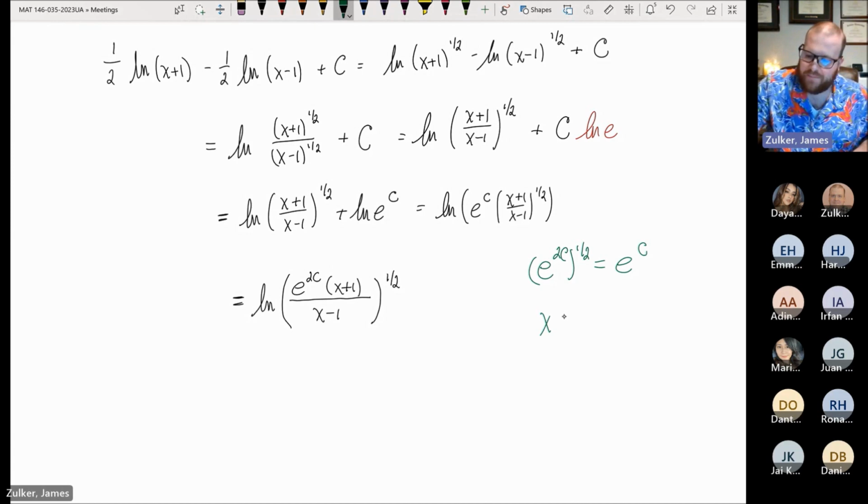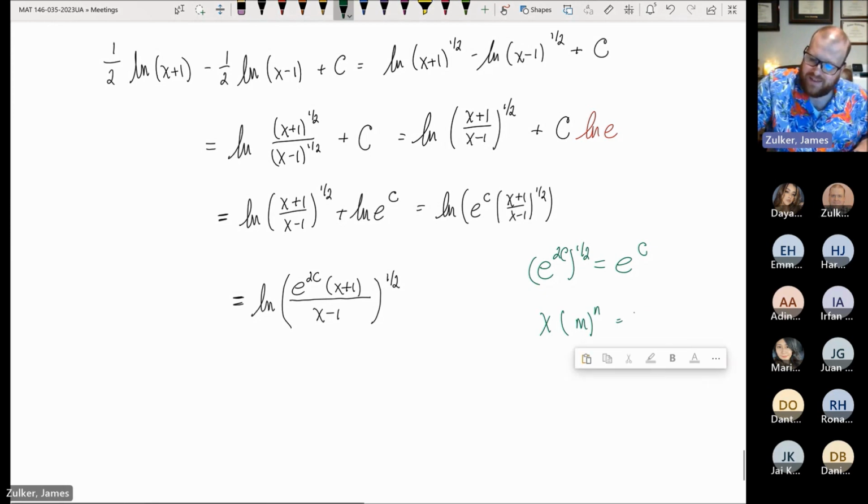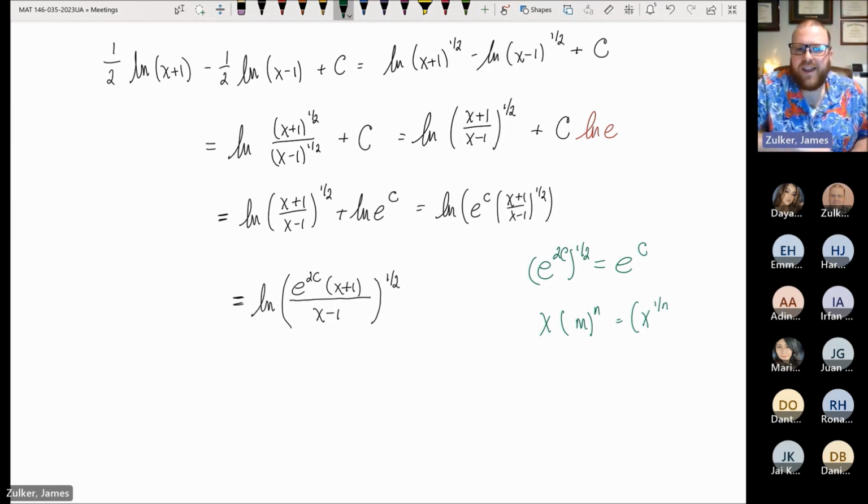So in general, let's say you have this. You can always pull this outside term in by raising it to the 1/n.